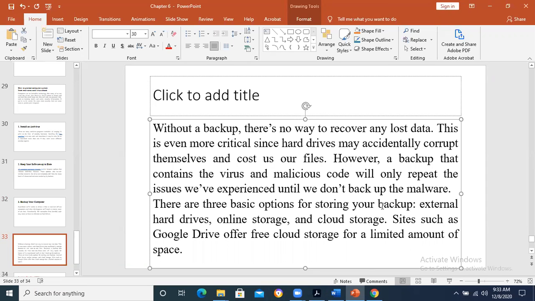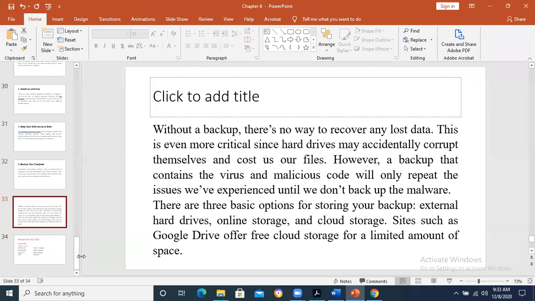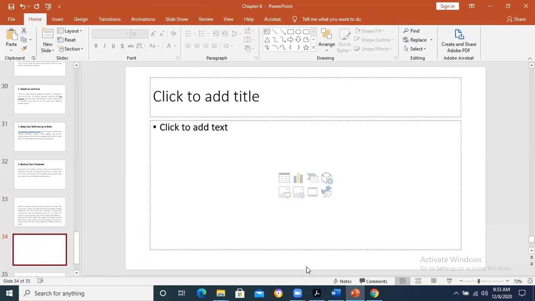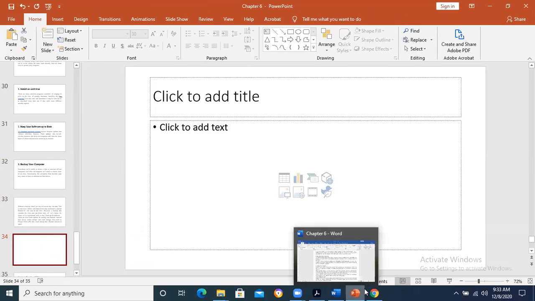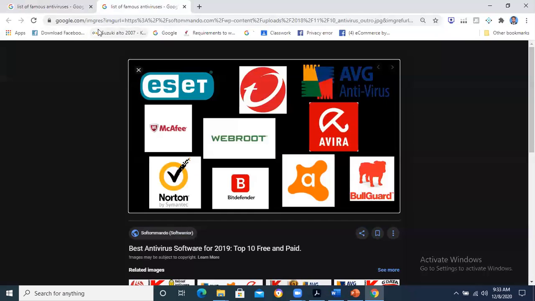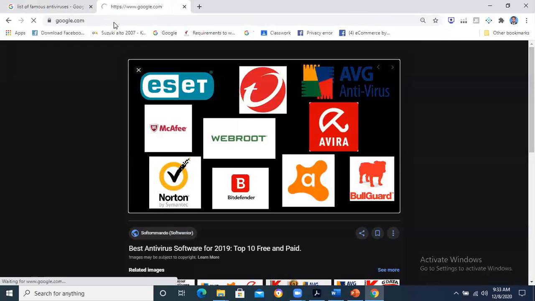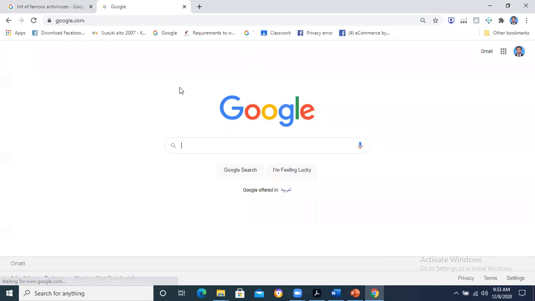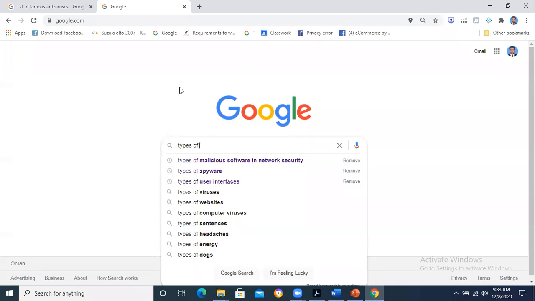Similarly, the same case is there in multinational companies and in banks. They always take backups: daily backups, weekly backups, monthly backups. There are different strategies. Backup is a complete subject. If you Google, you will be able to see the types of backup.